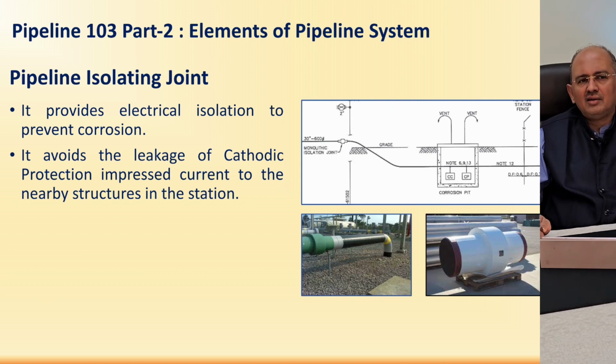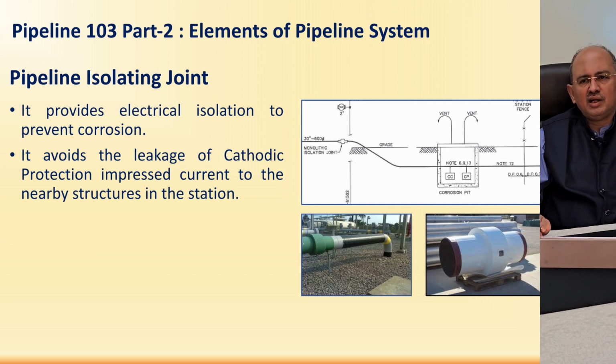The isolation joint has internal features such that it will withstand the pressure and flow in the pipeline, but the non-conductive material is provided with seals and high pressure seals in such a way that it will break the continuity of the conductivity. So current cannot be conducted across it. It will get a barrier because of the non-conductive material.